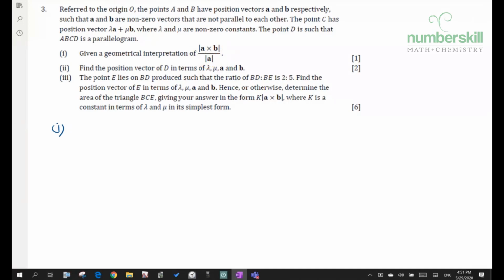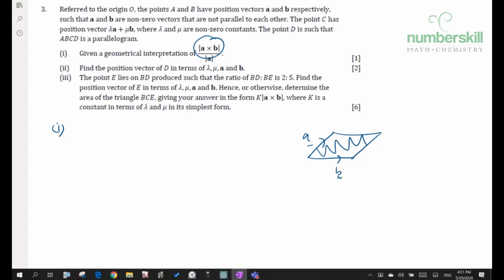A cross B comes with a lot of information. I don't know whether you remember or not. A cross B mod is actually the area of the parallelogram. This number represents the area of the parallelogram.